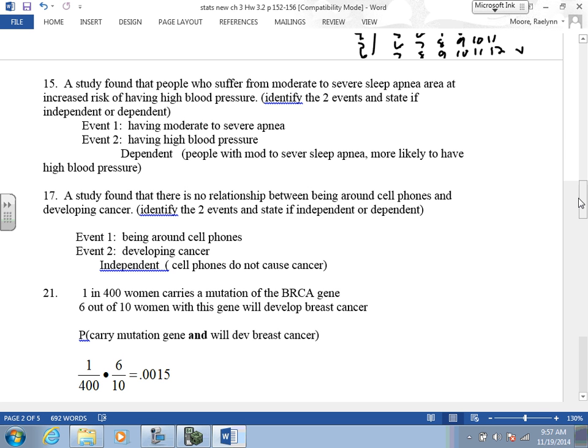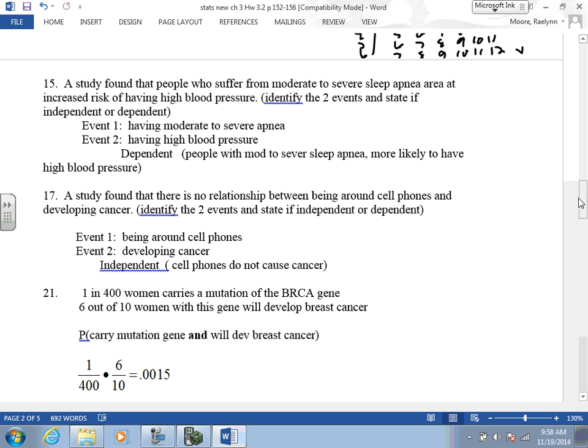Do they have an effect on one another? Yes. People who have moderate to severe sleep apnea are more likely to have high blood pressure. Anxiety, they can't sleep. It has a dependency. This is one of those subjective dependencies. Can we exactly pinpoint what the dependency is? No, but we know that it has a dependency.